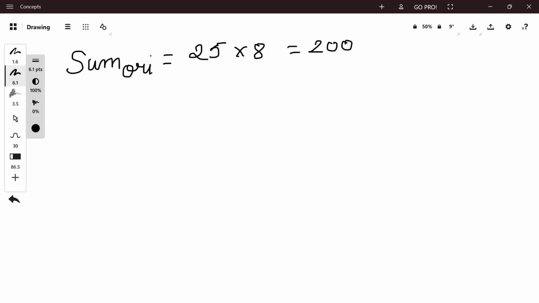The new mean of 8 numbers is 30. So, sum new is equal to 30 into 8, that is equal to 240. The new sum is higher because a smaller number was replaced by 45. Let x be the replaced number.